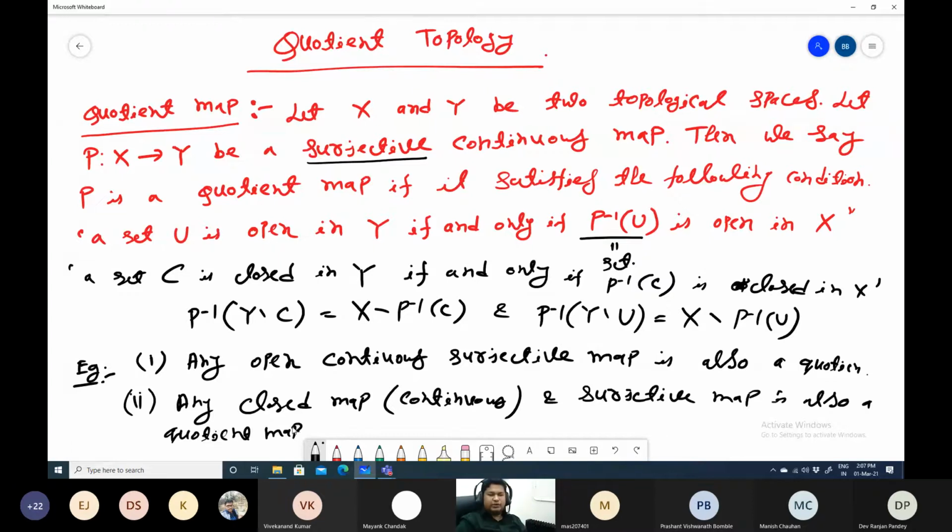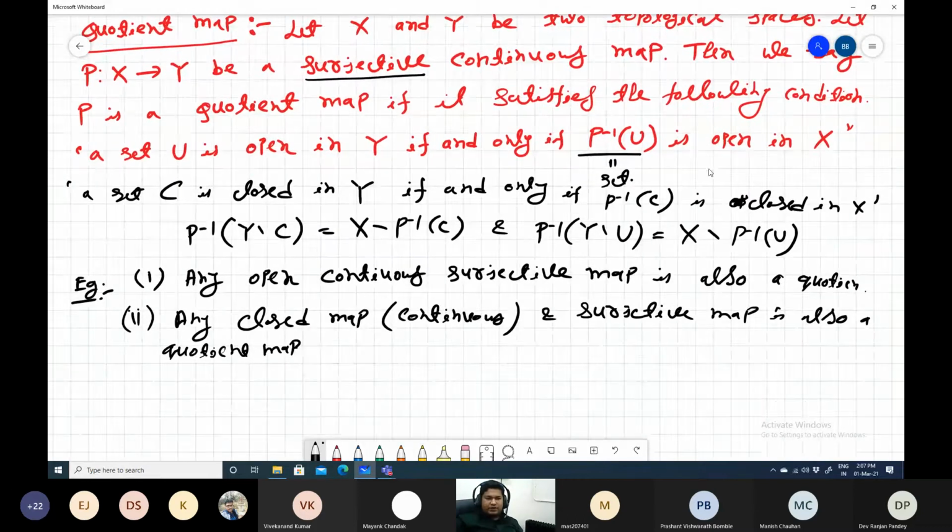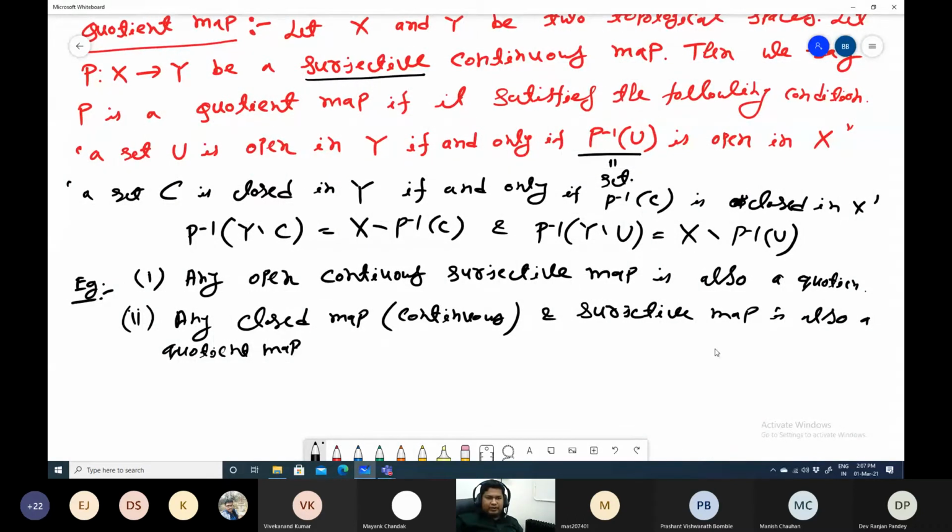Okay, so now these we know. Now can you give one particular example of such an open map which you know? Another one is the projection map. So we can take pi1 from X cross Y to X, say pi1 of (x, y) equal to x.